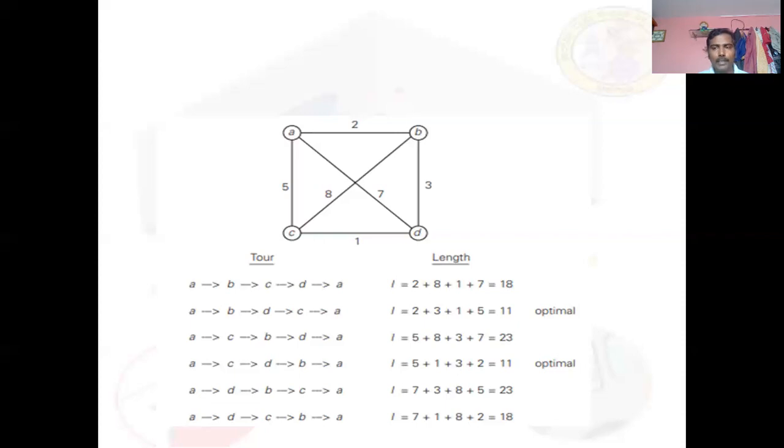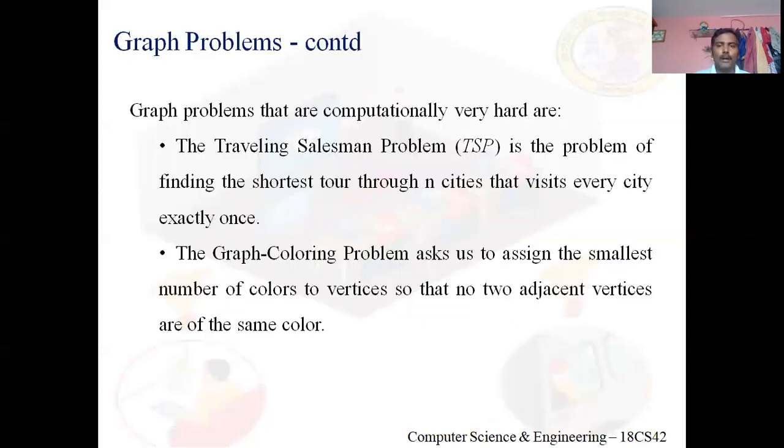When I plan a trip, I will plan from the source to one city, then to another city. Then to move to the next city, I should not visit an already visited city. This is the constraint. So the traveling salesperson problem, TSP, is the problem of finding the shortest tour through n cities that visits every city exactly once.